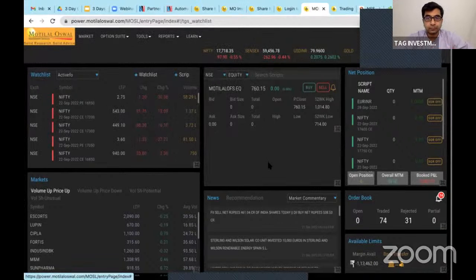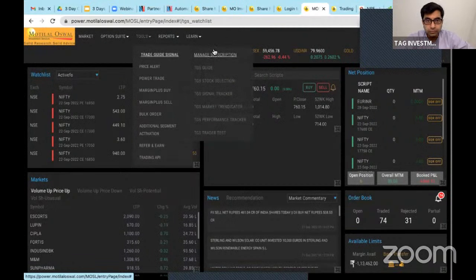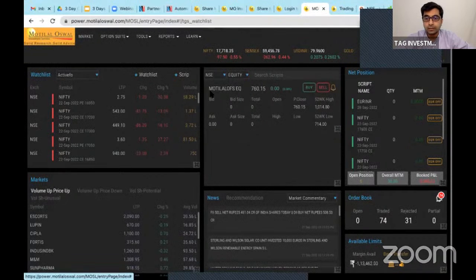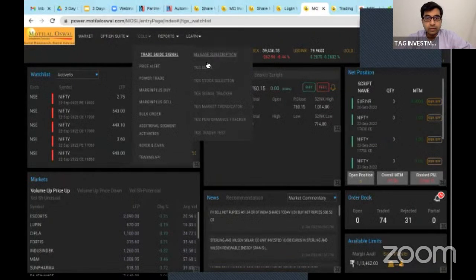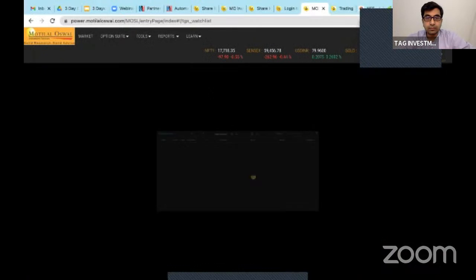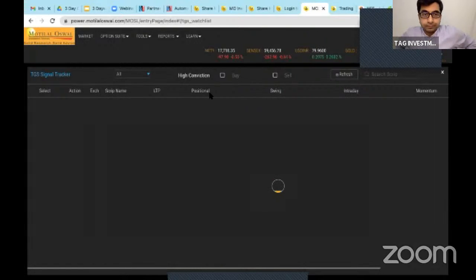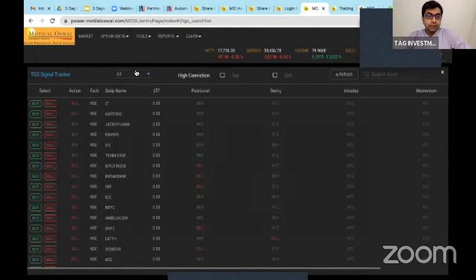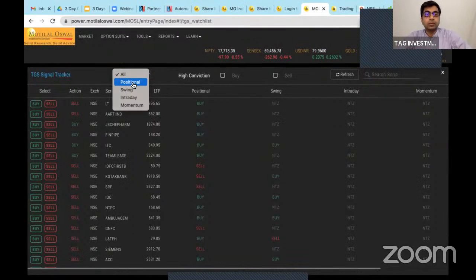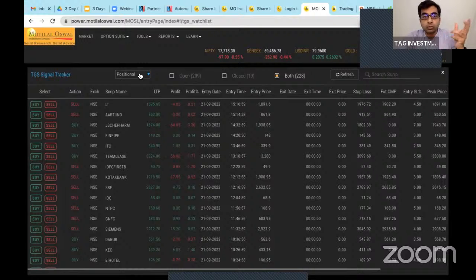Since the market is closed, the real-time values will not show up, but there are almost 300 to 400 stocks which we track online in real time. Supposedly you want to take positional trades. Positional trades are valid for 1 to 2 months, 2 to 3 months, where you have a horizon of 1 to 3 months.